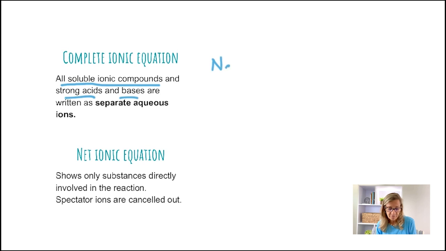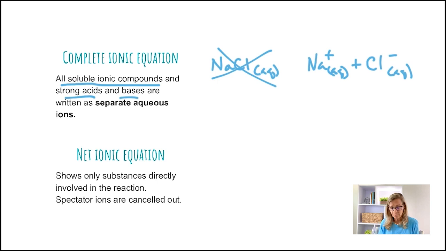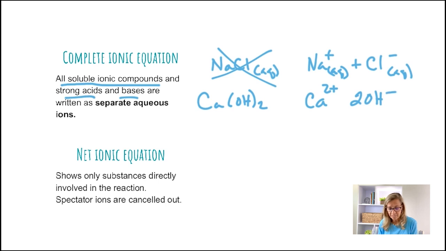So for example, if we had sodium chloride in aqueous solution, we would write it separate as Na plus aqueous and Cl minus aqueous. Okay, so instead we would separate it completely into ions. If we had calcium hydroxide, that's a strong base, we would write the calcium ion and then 2 hydroxide ions.